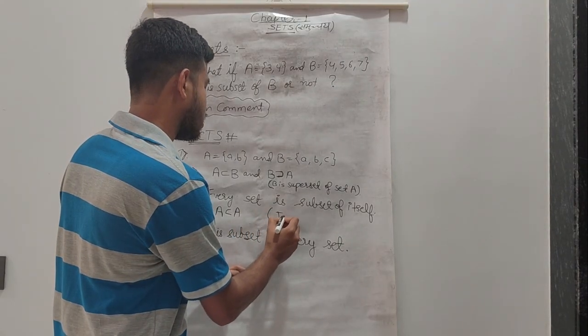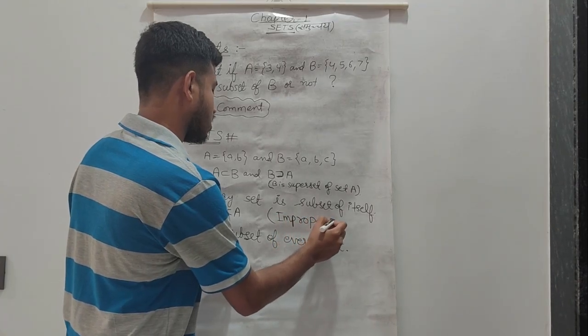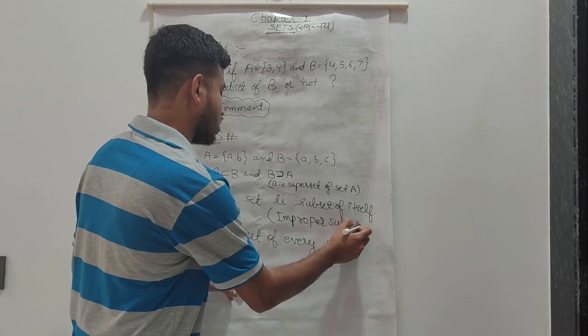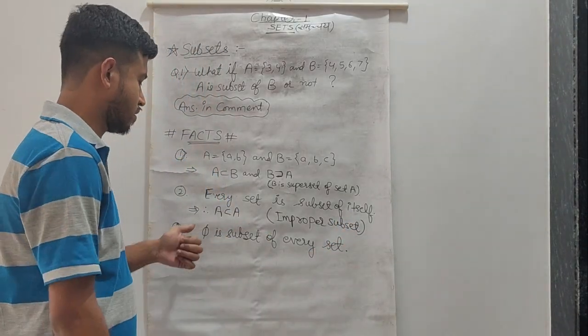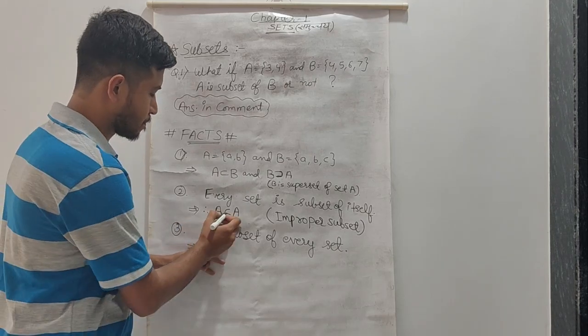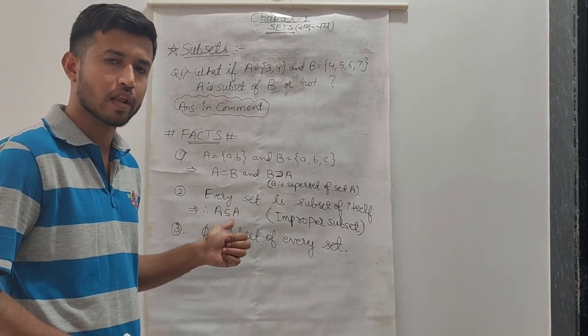It will always be an improper subset for every set, because both have the same number of elements.